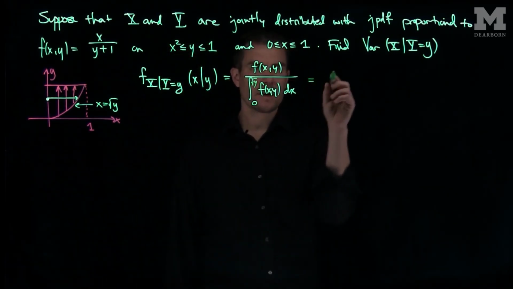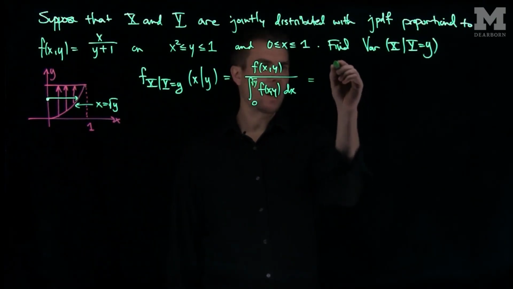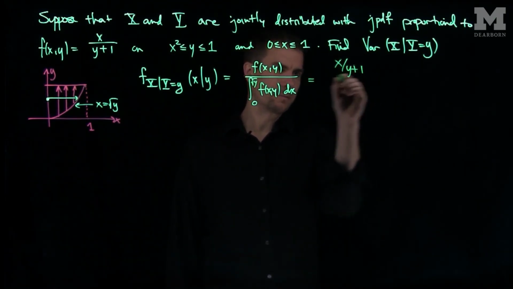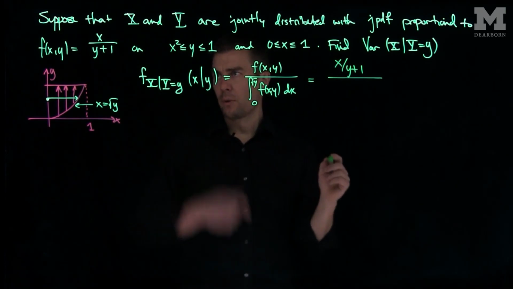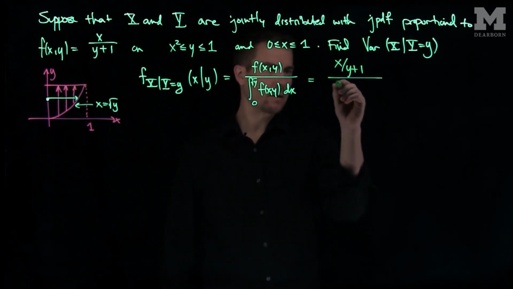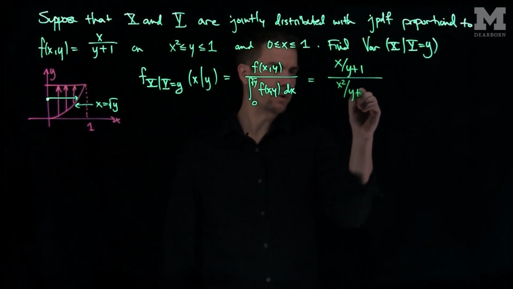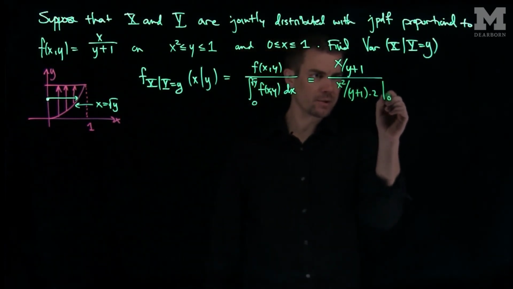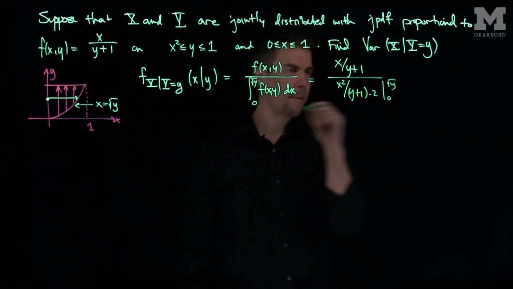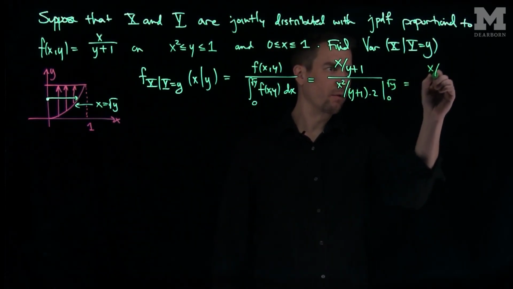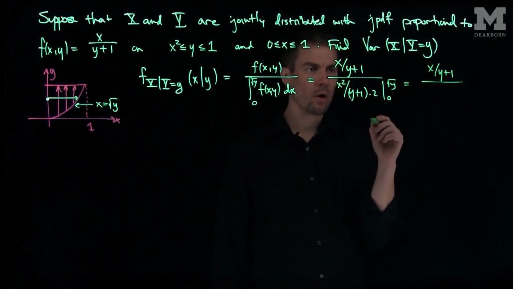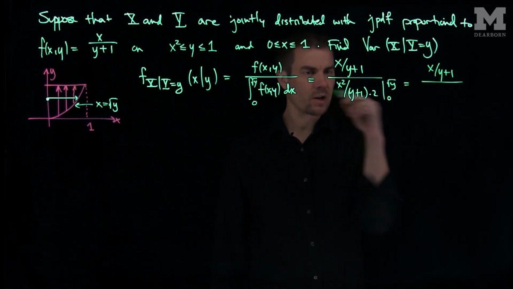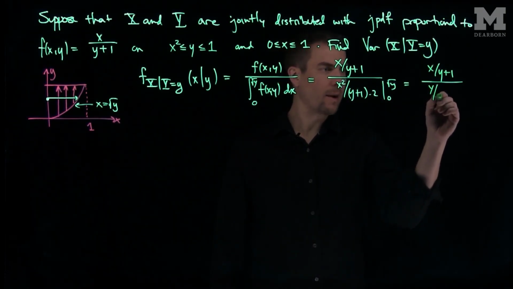And so now we're going to have x over y plus 1 over 2. Now we'll integrate this and get x squared over y plus 1 times 2, evaluated from x equals 0 to x equals root y. If I plug in root y, I'm going to get y over y plus 1 over 2.